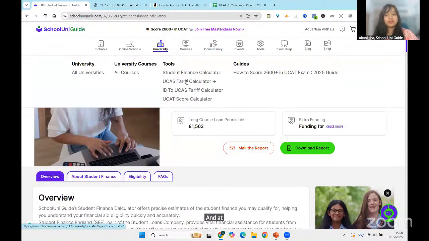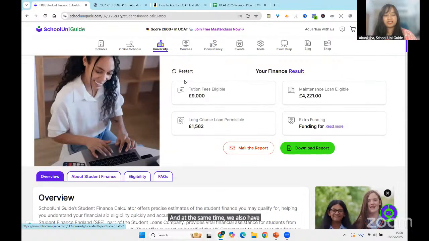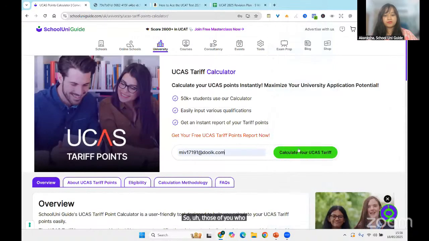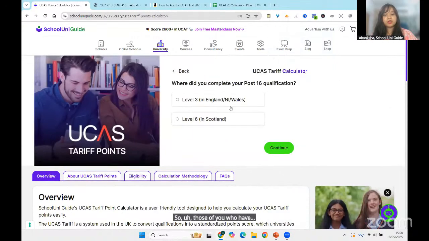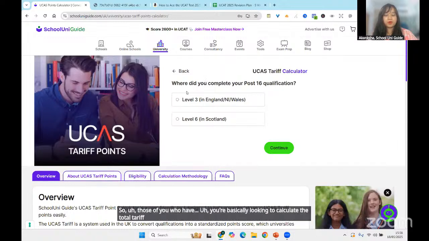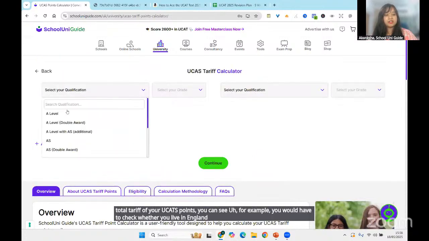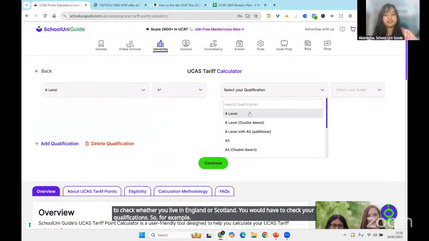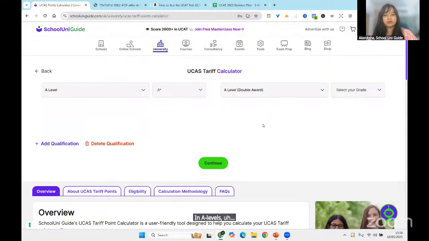And at the same time, we also have our UCAS tariff calculator. So those of you who are looking to calculate the total tariff of your UCAS points, you can see, for example, you would have to check whether you live in England or Scotland. You would have to check your qualifications. So for example, in A levels, whatever grade you've gotten, you can input these.